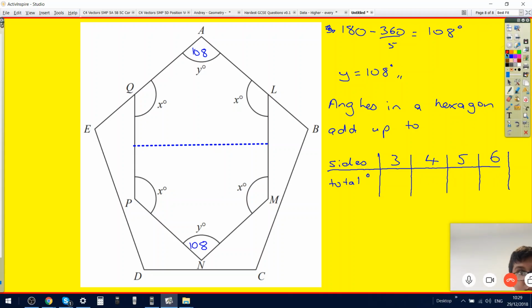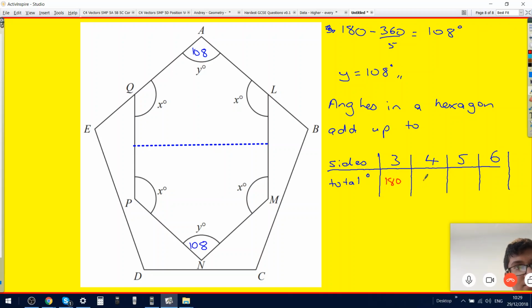I'm not sure. Angles in a triangle add up to 180, quadrilateral 360, 5 sides 540, and so 6 sides, that's 1080? What's going up each time? It's doubling?